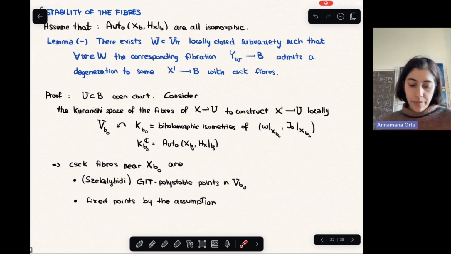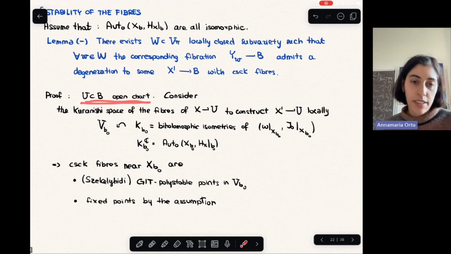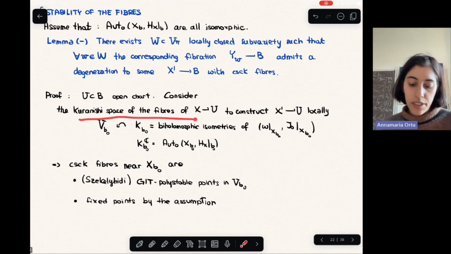And let's see a little bit how the proof of this goes. It's a local proof. So we construct X prime over each chart of B, and then we glue them on B. To do this, we consider the Kuranishi space of the fiber.